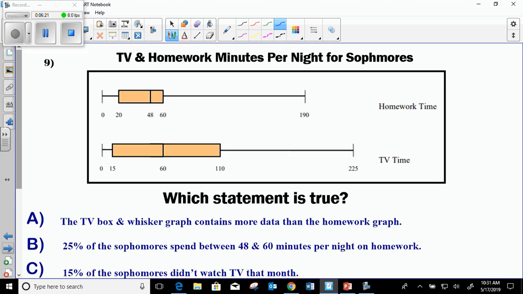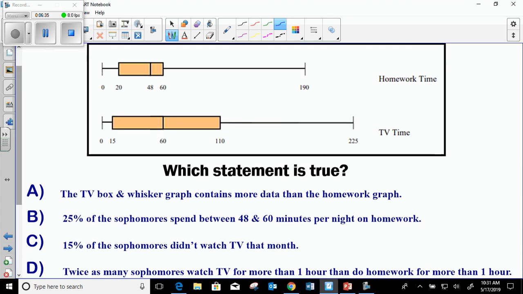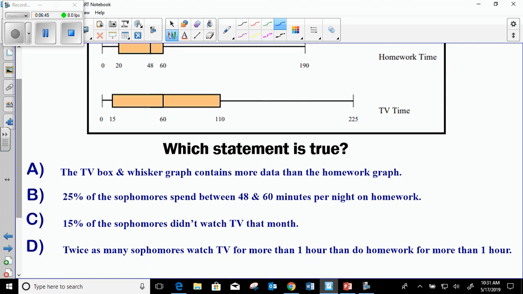All right, next one, number 9. TV and homework minutes per night for sophomores. Which statement is true? A, the TV box and whisker graph contains more data than the homework graph. B, 25% of the sophomores spend between 48 and 60 minutes per night on homework. C, 15% of the sophomores didn't watch TV that month.